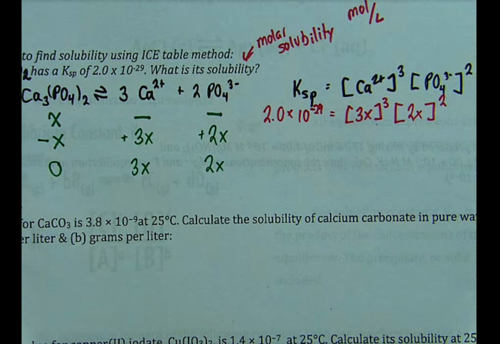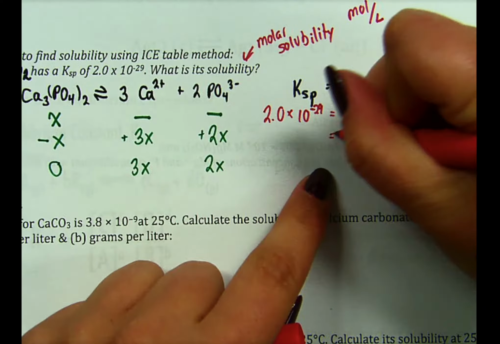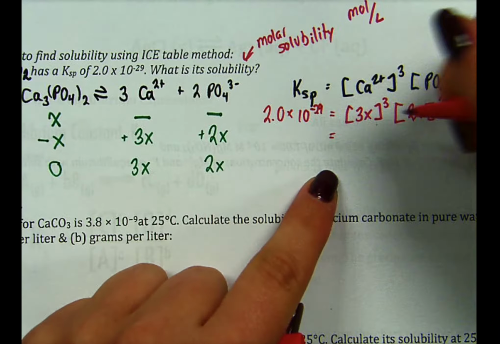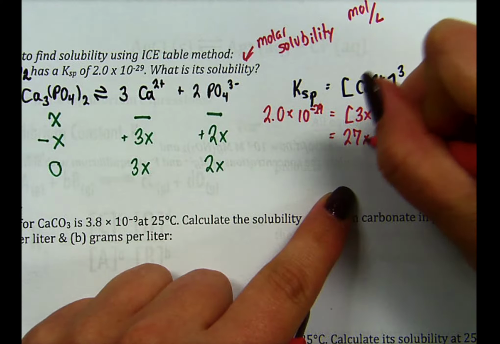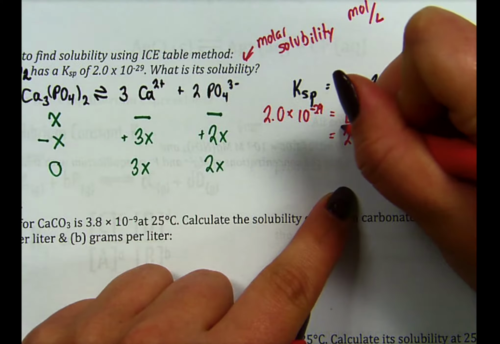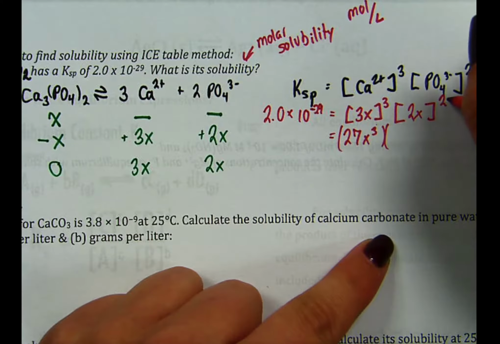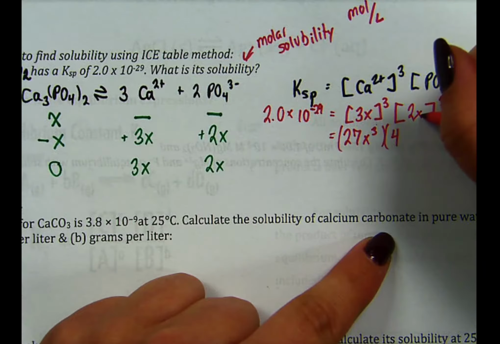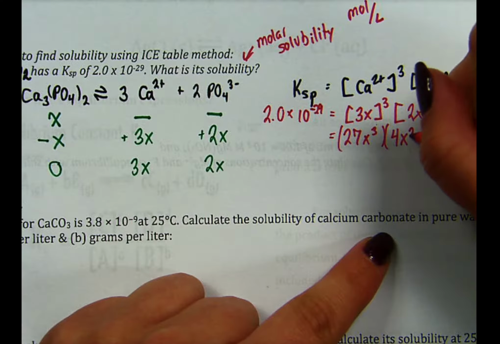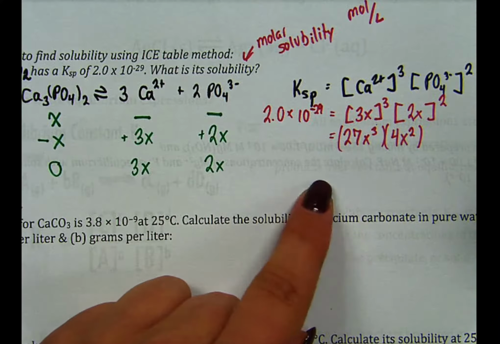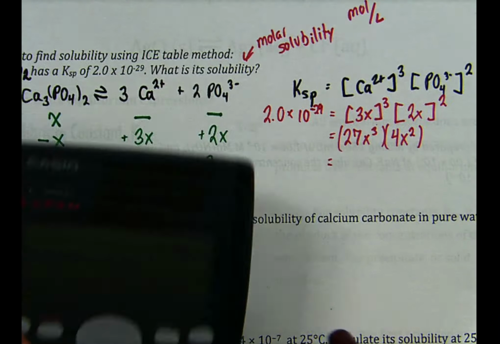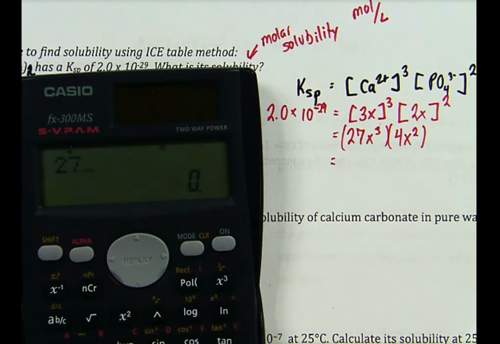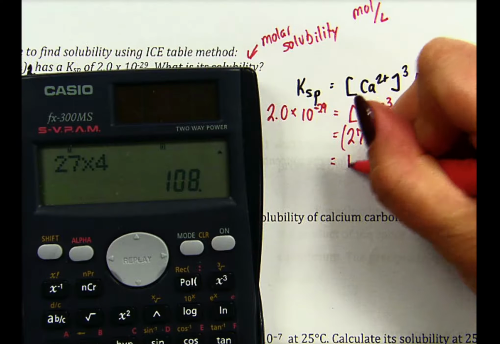Okay, so now we need to simplify this down. 3 cubed is 27. Okay, so we have 27x cubed times 2 squared, which is 4x squared. Okay, and then we can combine those. 27 times 4 is 108.